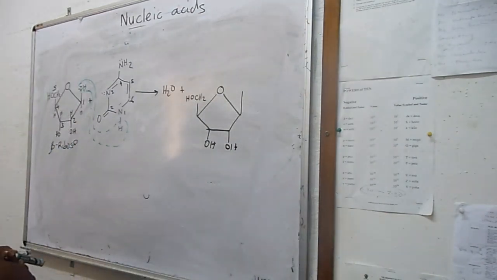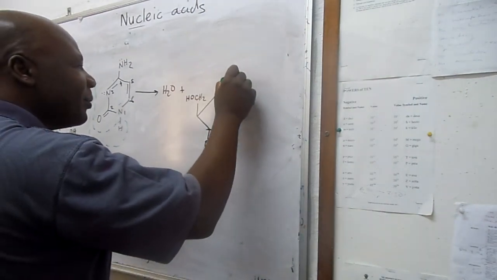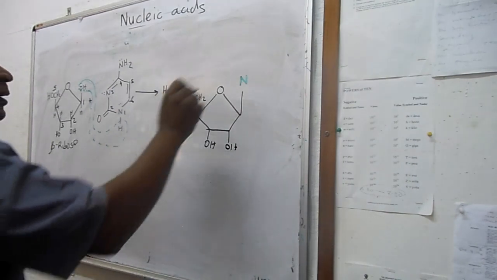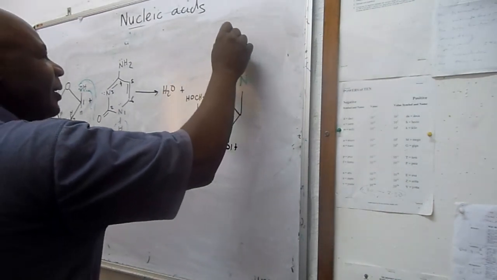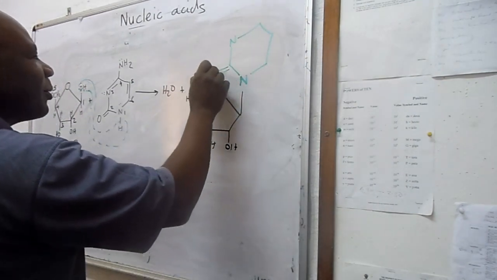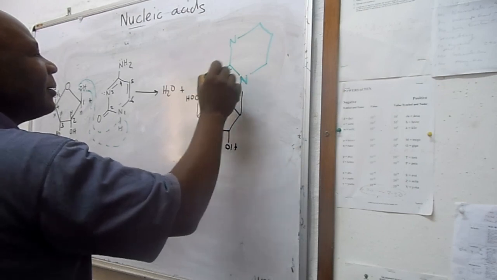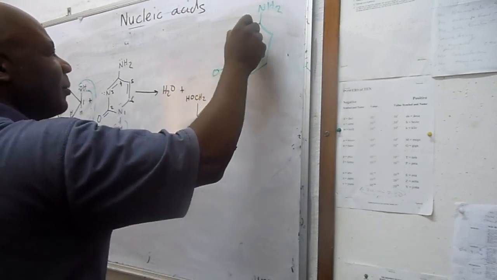For clarity's sake, I want to use a different color. So this is bonded to nitrogen. Then we have another nitrogen there in that manner. So we have an oxo group there. We have an amino group there. Of course, we have a double bond.